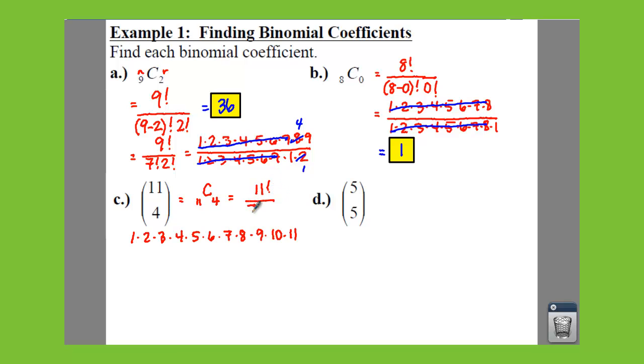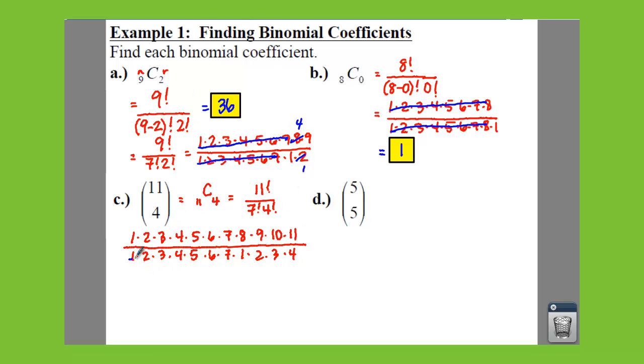This would be 11 factorial on top over 7 factorial, 4 factorial. How do we get this 7 right here? I took the n minus the r. So this is going to be all over 7 factorial. You write all these out. Oh my gosh, I'm getting writer's cramp. And then you have a 4 factorial.